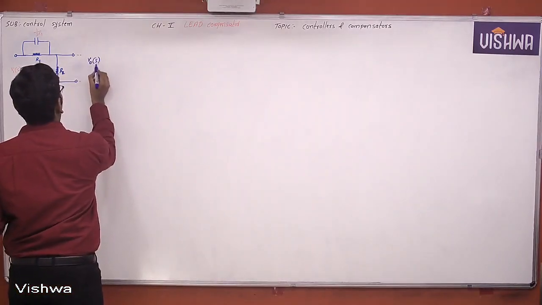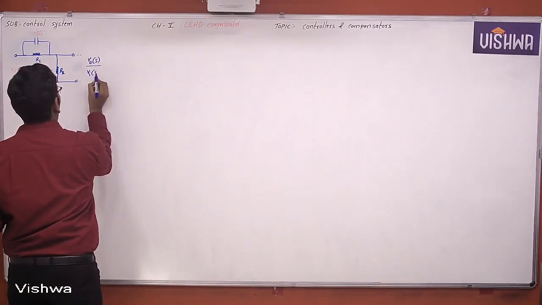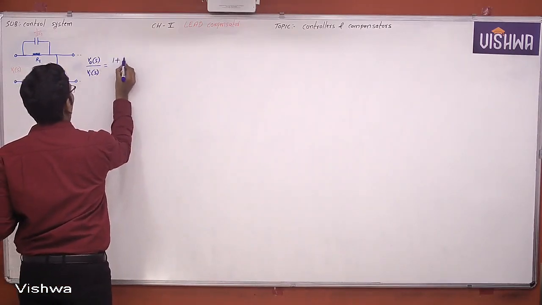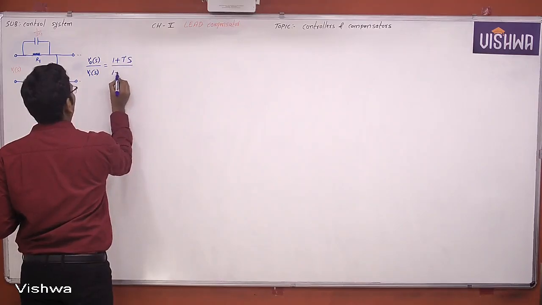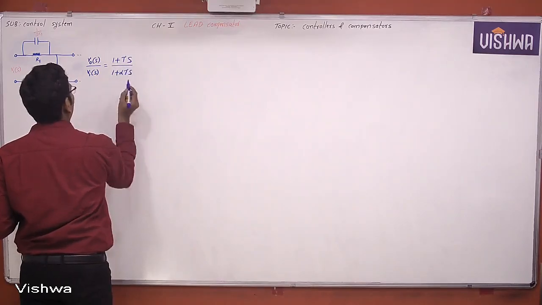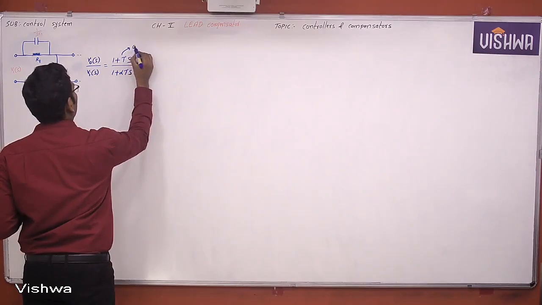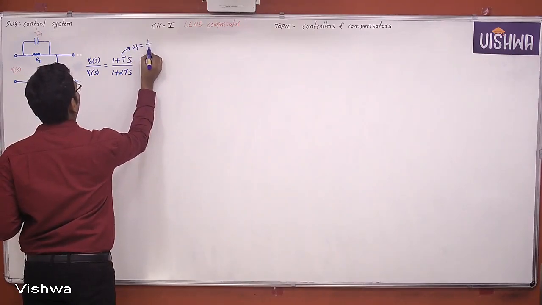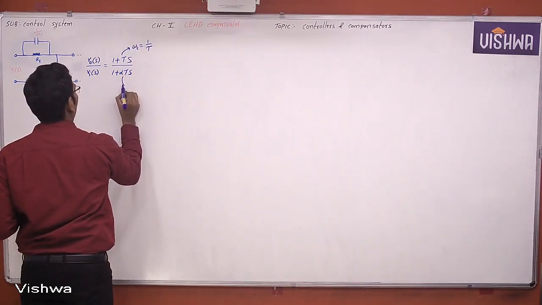V naught of S by Vi of S is equal to (1 plus tau S) by (1 plus alpha tau S). Now this is the time constant, and corner frequency is inversely proportional to it. You know that.